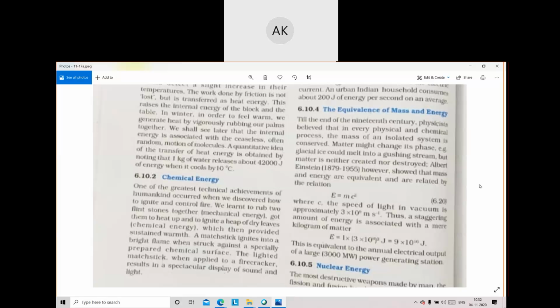We know mass is conserved. During that reaction, when hydrogen is fused to form helium, the decrease in mass is converted into energy. A large amount of energy is released during that process. That is actually a fusion reaction.